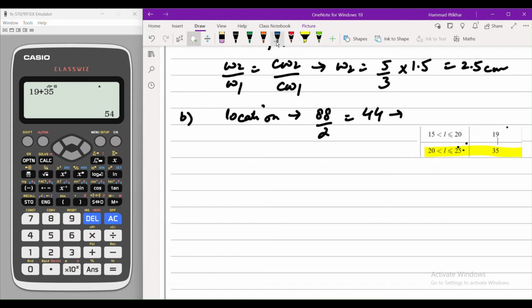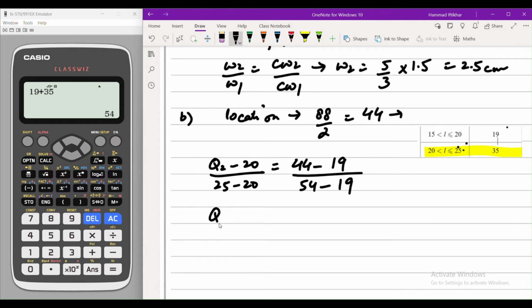Okay. So now I can do the linear interpolation. Q2 minus 20 divided by 25 minus 20 equals 44 minus 19 divided by 54 minus 19.